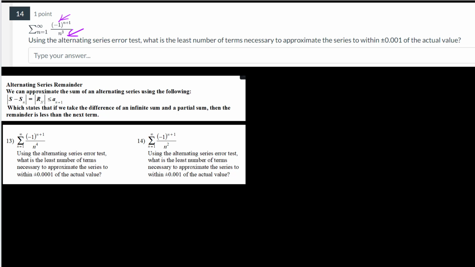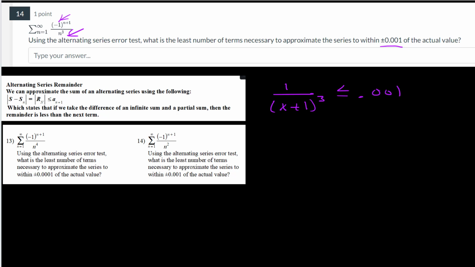The least number of terms so that we get within 0.001. We're going to need that. So we're going to set this up as 1 over, we can use n here. I'm going to use x though, so you can type it in Desmos. So we're going to type in x plus 1. That's going to be the next term, raised to the third. And we want to find out, when is this less than or equal to 0.001?